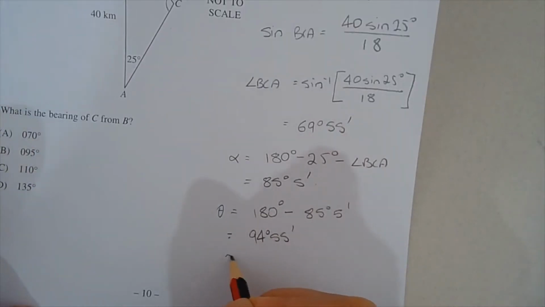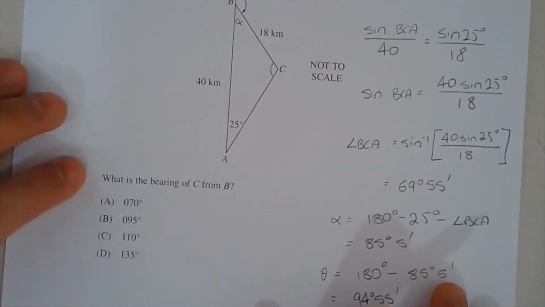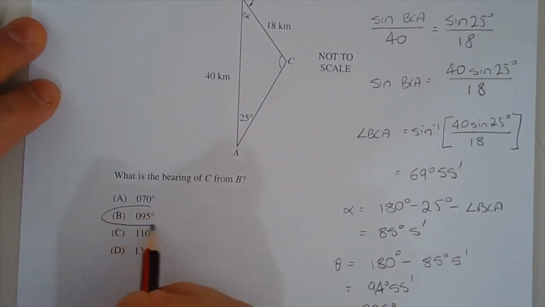Which is closest to 95 degrees when rounded. So it's going to be option B.